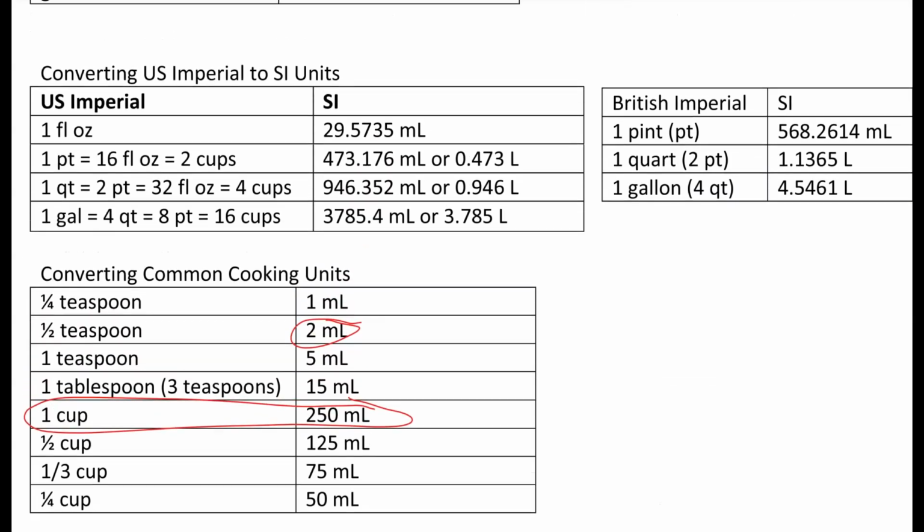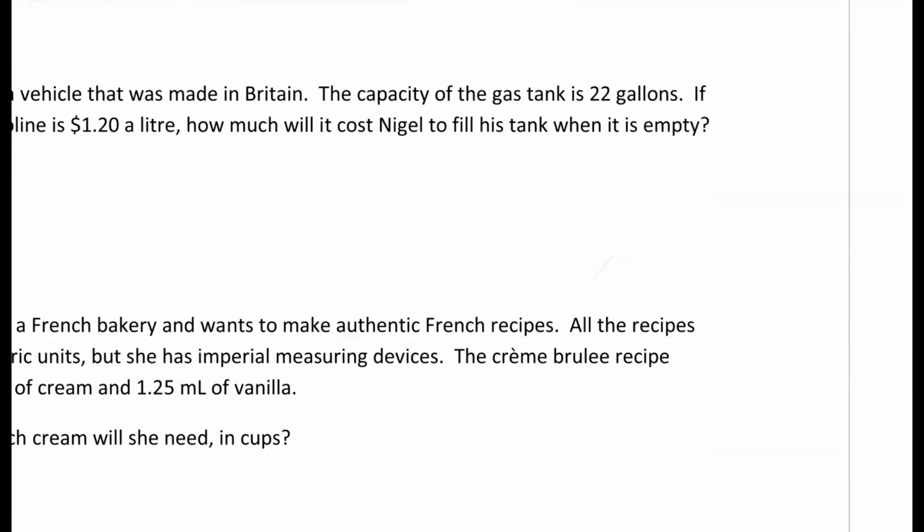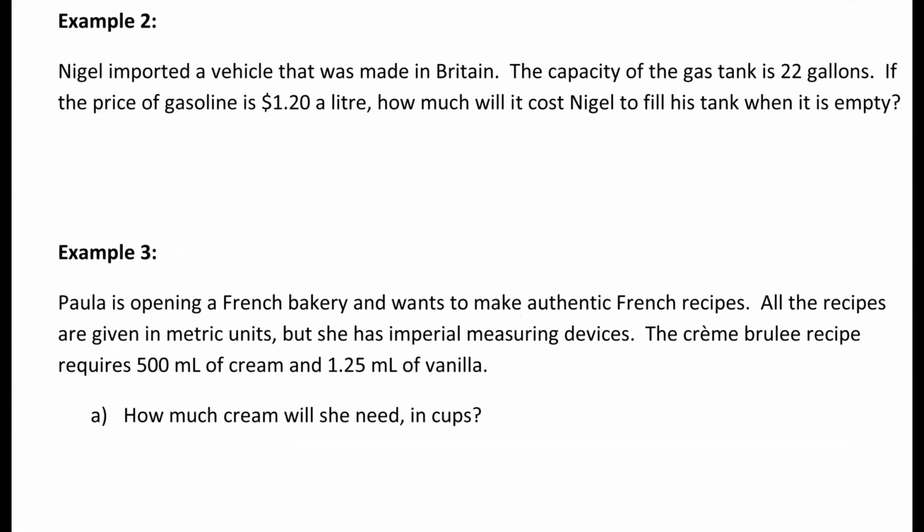Well, we're going to look back here, and we have 1 pint equals 568. We don't want to use that, but we do want to use 1 gallon. It equals 4.5461 liters. So we want to use that conversion here when we're looking at going from gallons to liters.